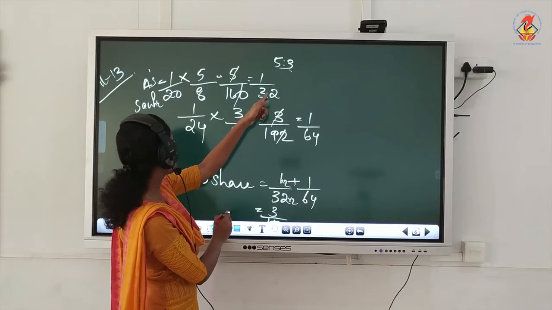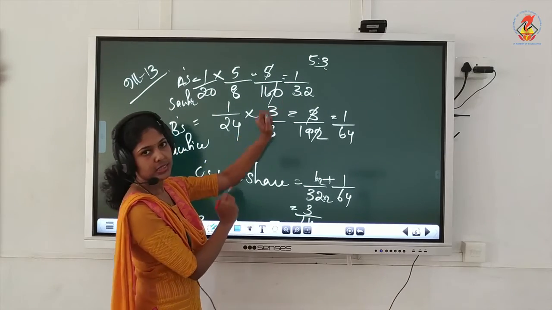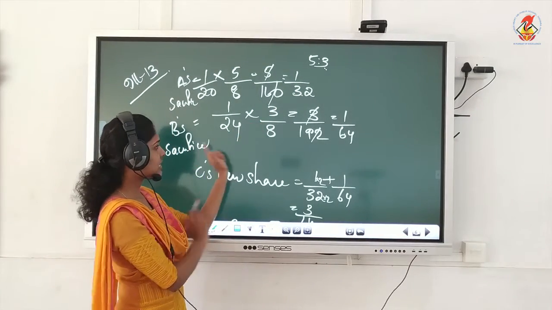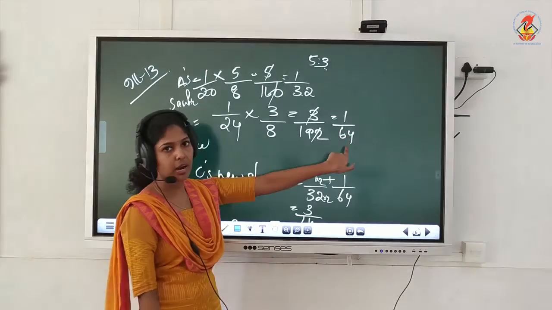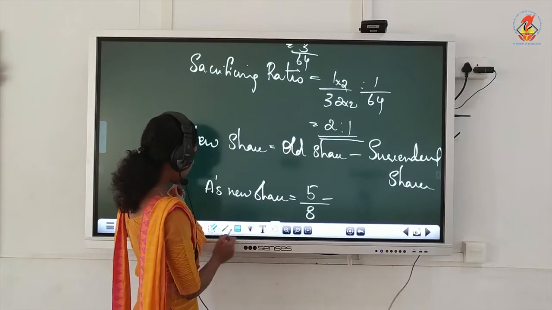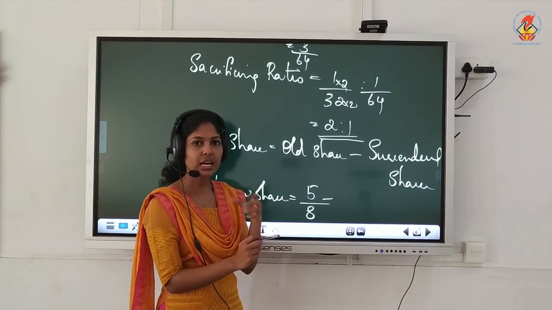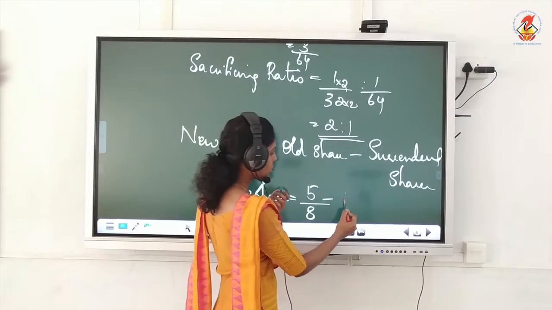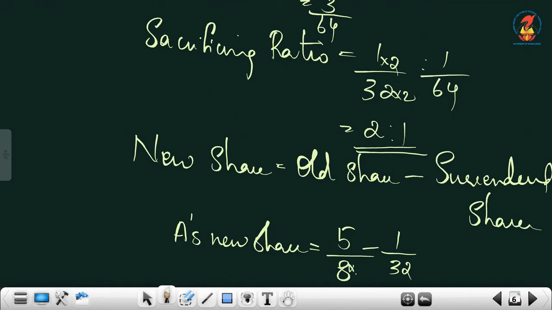A's sacrificed proportion was 1/32. Similarly, what is B's sacrifice proportion? It is 1/64. Don't simply write 2/3 and 1/3. You have to take the sacrificed proportion. So it is 1 by 32. So this will be 19 divided by 32.